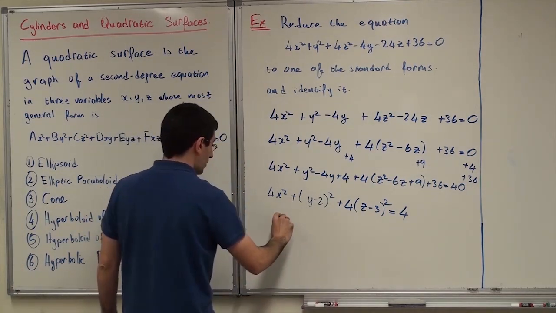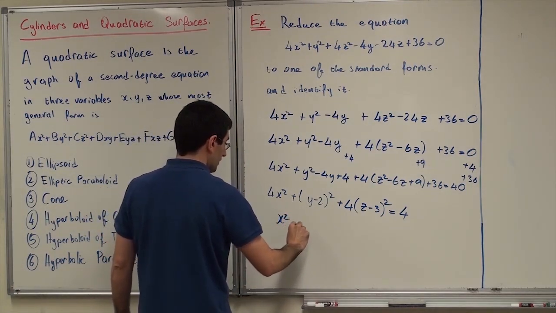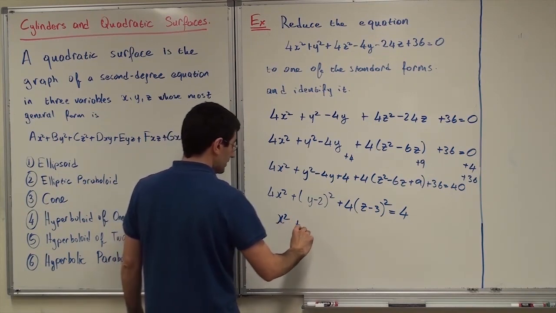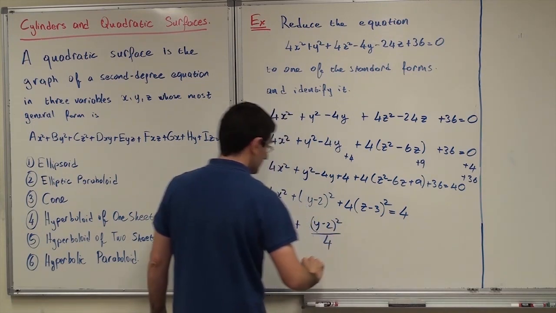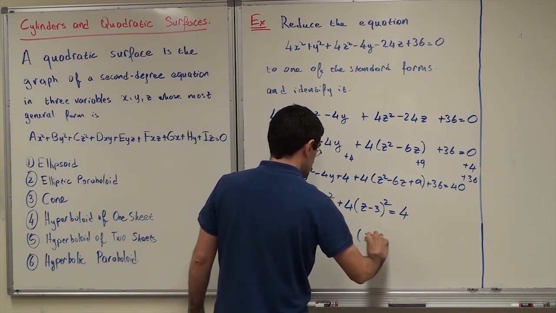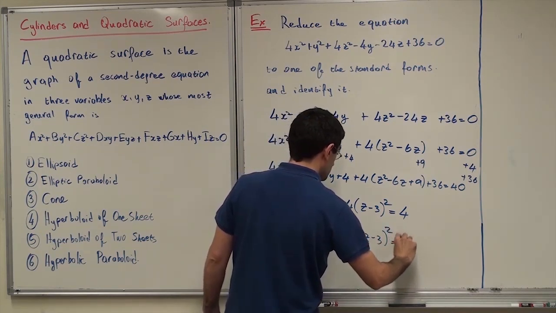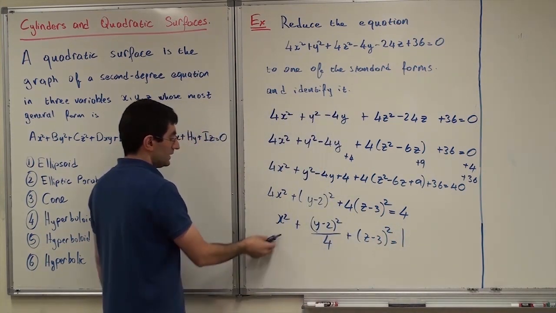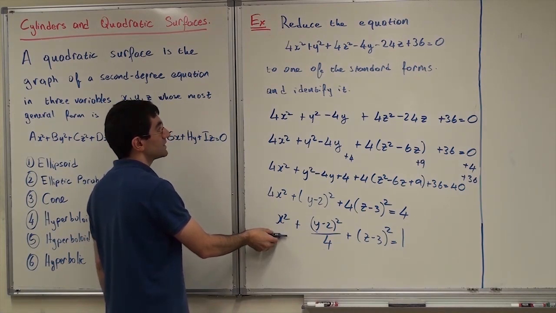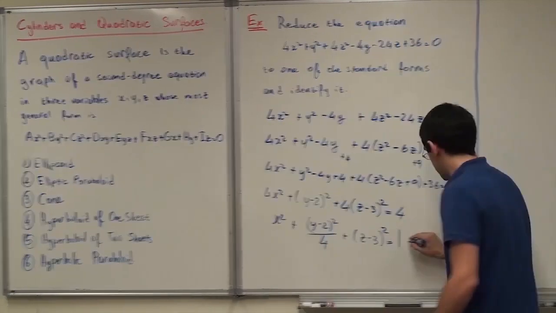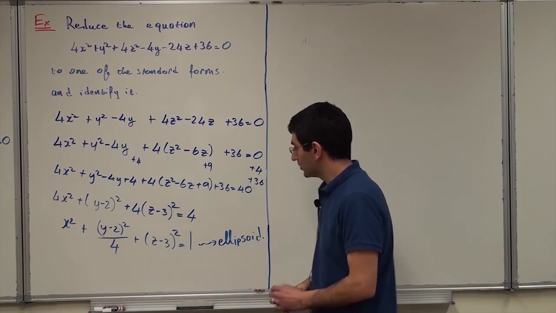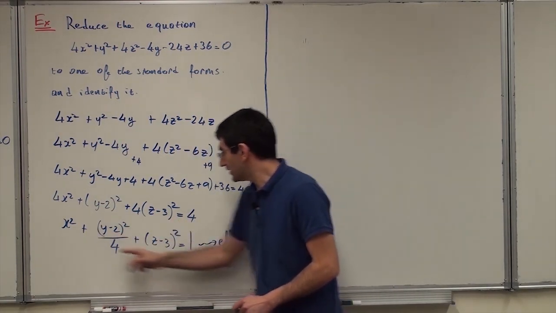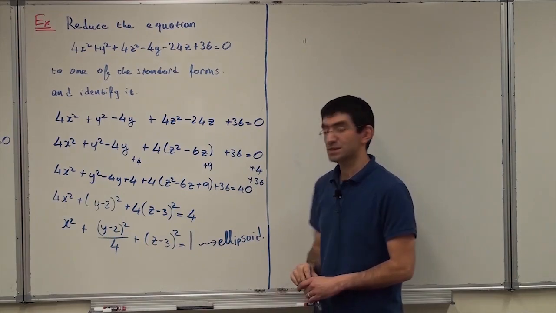Then, by dividing both sides of the equation by 4, we will have x squared plus y minus 2 squared over 4 plus z minus 3 squared is equal to 1. Now, this equation is one of the standard forms of a quadratic surface, and that quadratic surface is an ellipsoid, because all variables are squared and added, and the sum is equal to 1.